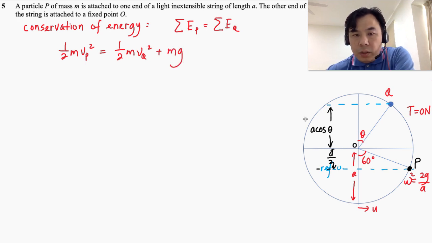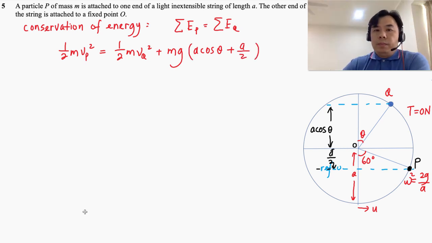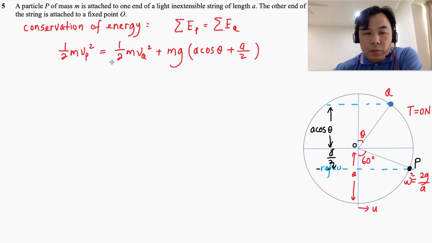The h itself is given by a cosine theta plus half a. Now at this point, we need to determine v_P square.